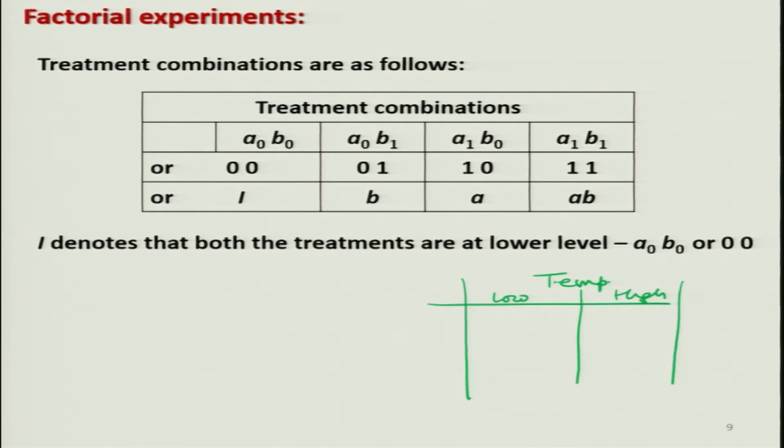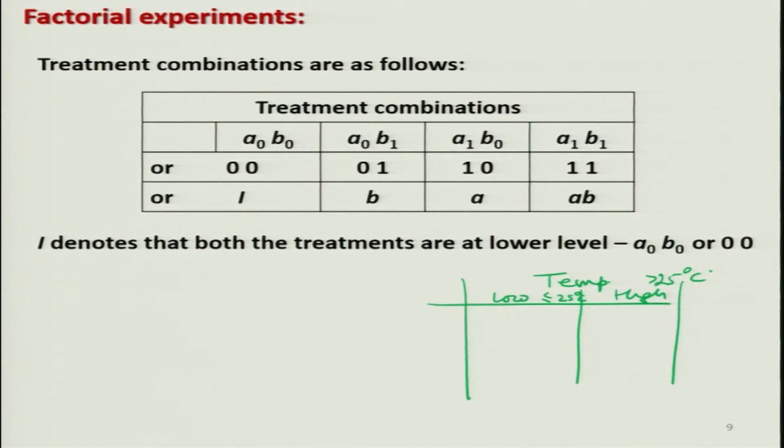For example, just for the sake of understanding, I can say any temperature less than or equal to 25 degrees centigrade will be classified as low temperature, and any temperature greater than 25 degrees centigrade will be considered as a higher temperature, right.